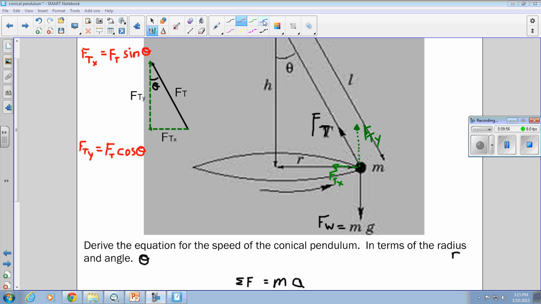One other thing we can note as we look at this picture is the only forces acting in the y direction on the object that is spinning are the force tension in the y direction and the force weight. So essentially, these two forces are equal.